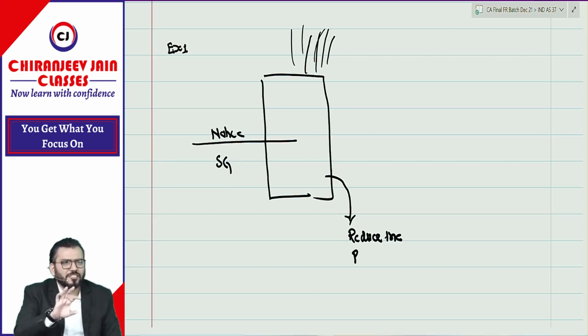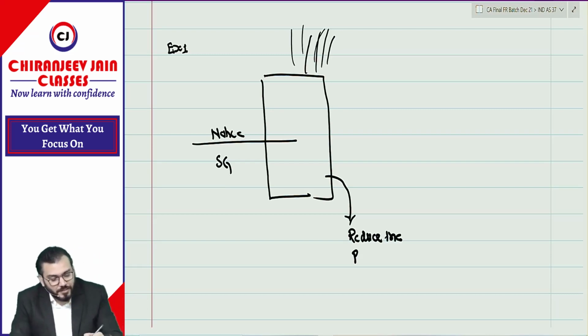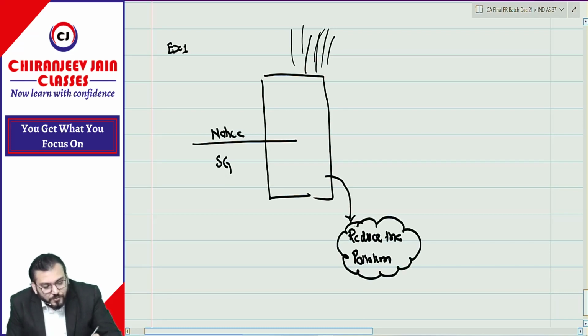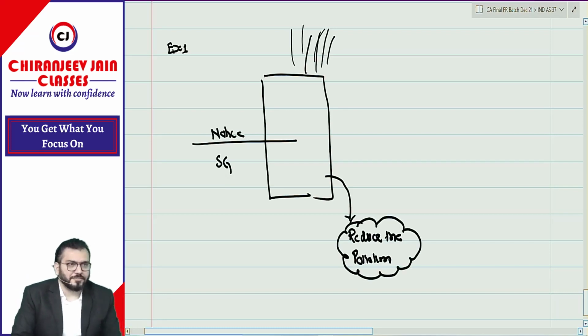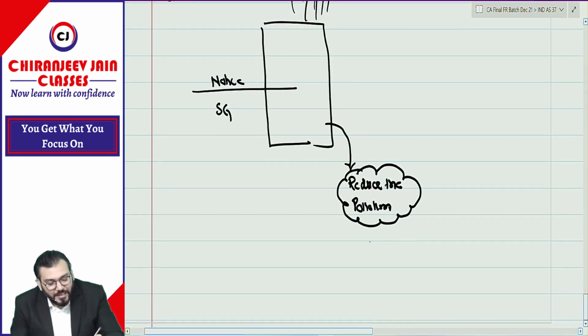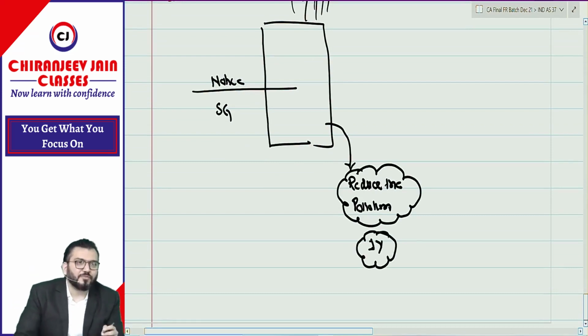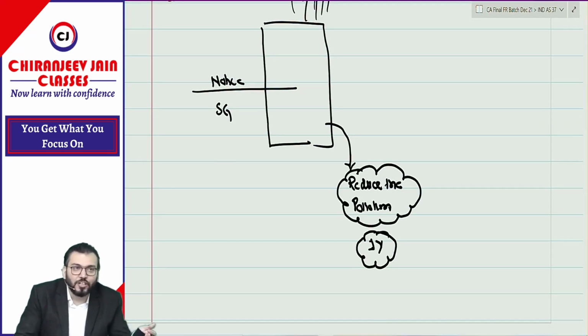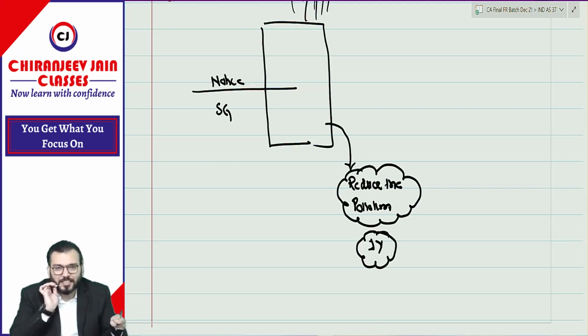Correct? Otherwise, we need to shut down the factory. If we are not able to reduce the pollution, we need to shut down the factory. And the time period given is 1 year. Means they need to do some activity for reducing the pollution within 1 year. If the pollution is not reduced within 1 year, then the factory will be shut down.